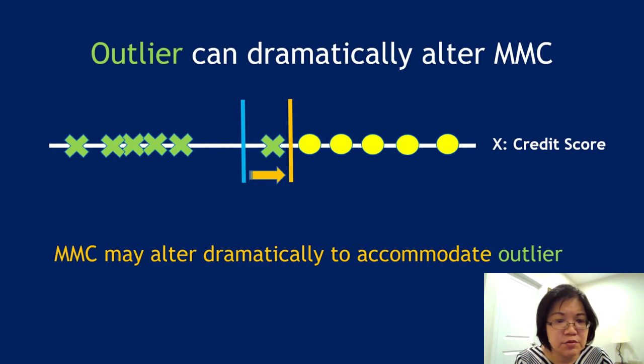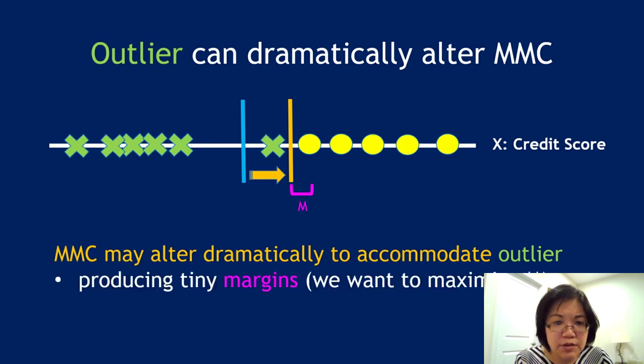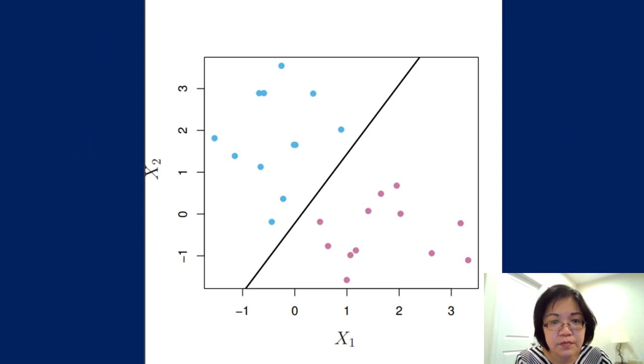But if you just use the MMC trying to accommodate every dot, you're going to have this line that perfectly separates the two classes of training data, but it gives you a very small margin, which we don't really like. We want to be able to maximize the margins, want to have as much as possible in terms of M. And so when you're trying to accommodate this outlier, you're sacrificing your margins, which gives you a less reliable, less confident, less stable prediction model. Probably doesn't perform as well.